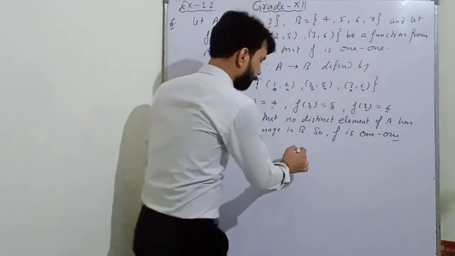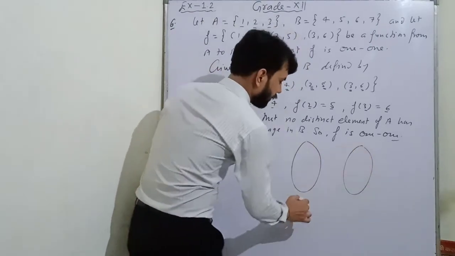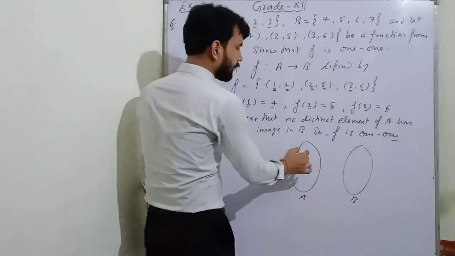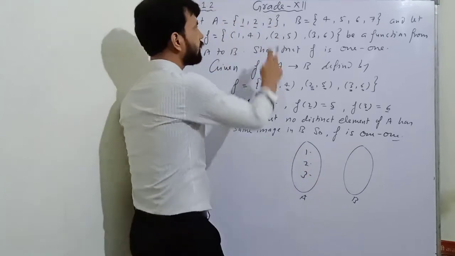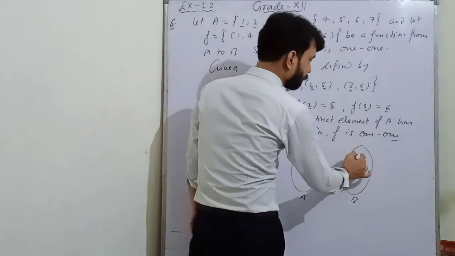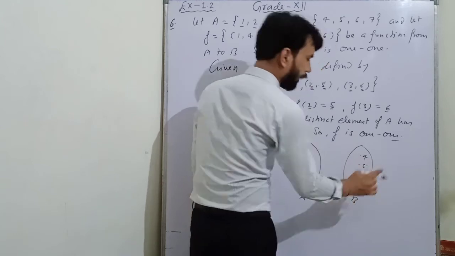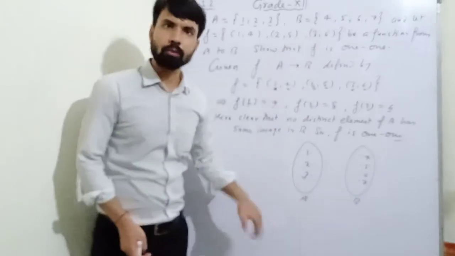So see, if I am drawing the mapping here, this is set A and this is set B. In set A there are 3 elements, 1, 2 and 3, and in set B there are 4 elements, 4, 5, 6, 7. Clear? We will have to check whether this function will be onto or not.